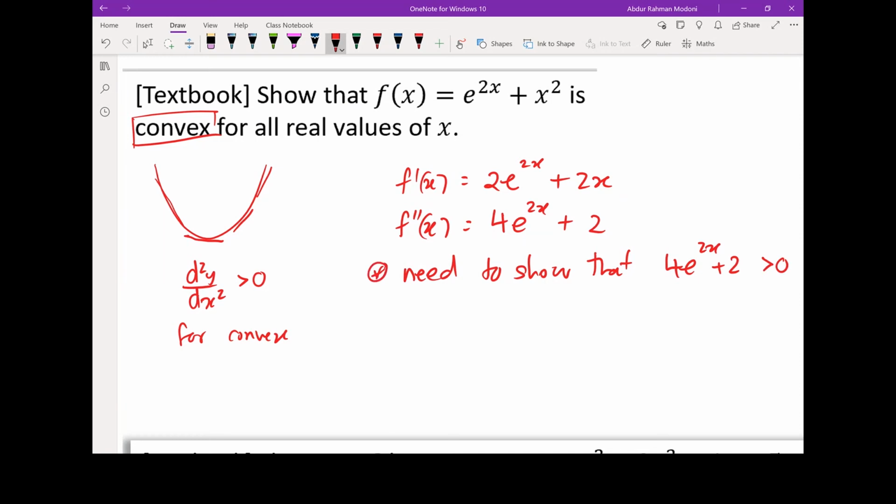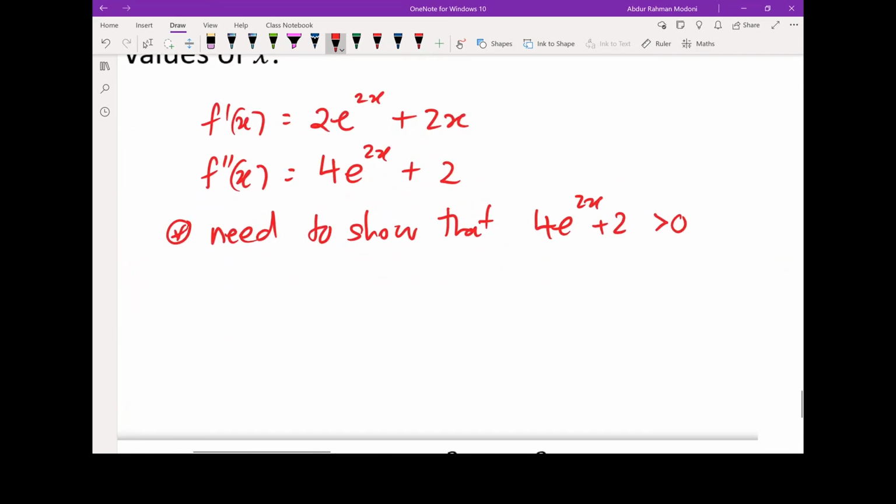A couple of ways we might approach this. We could visualize what this looks like. Graph it. 4e to the 2x plus 2 is essentially transformations applied to the function e to the x.